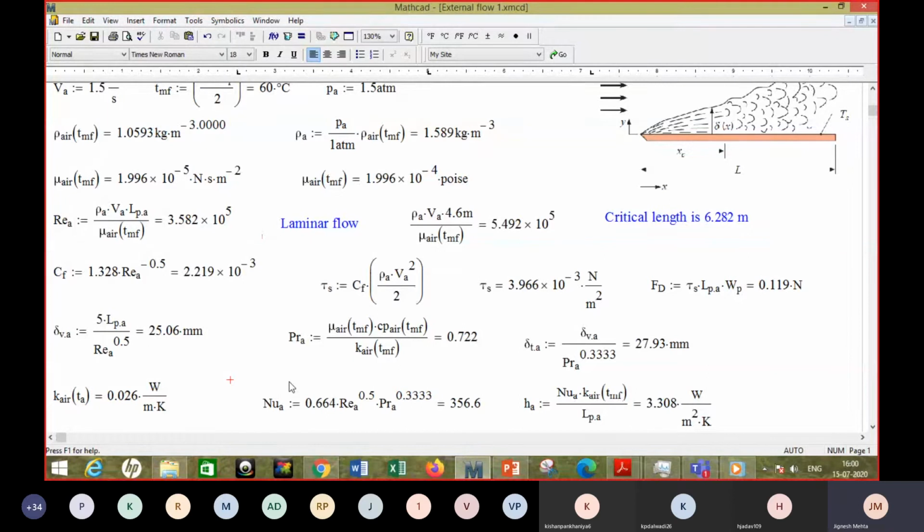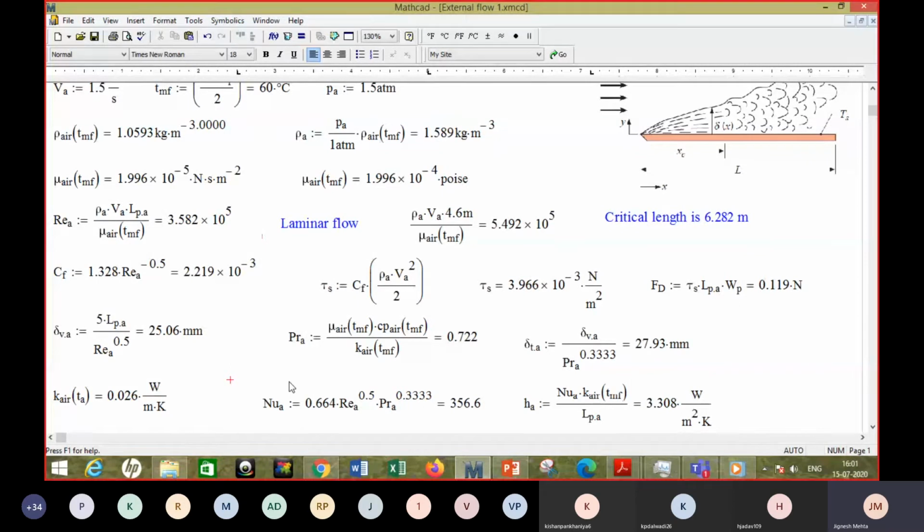So we want to know the rate at which heat will transfer from the surface of the plate to air. Now, in some way, you have kept the temperature of the plate constant at 90 degrees Celsius. It is possible, right?